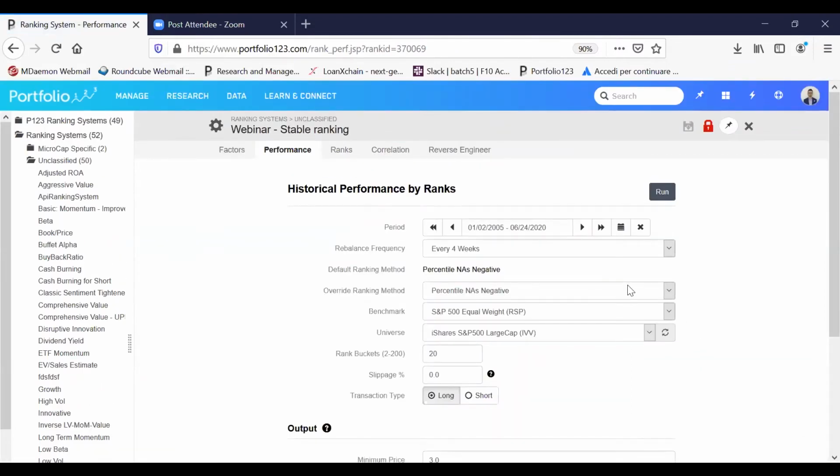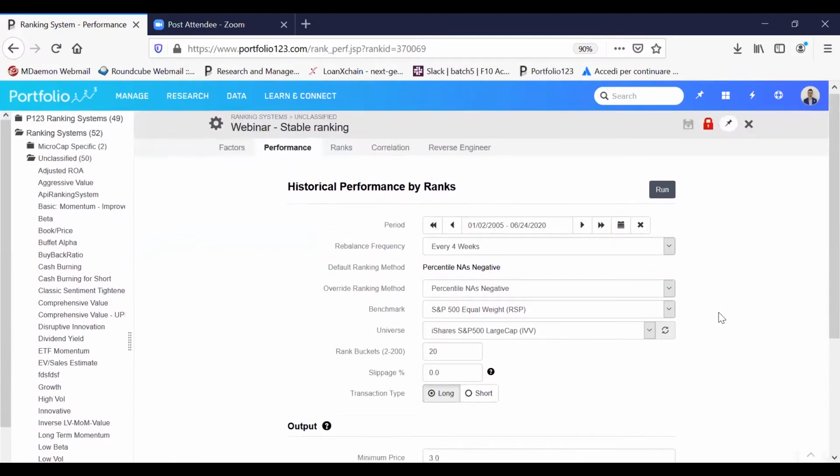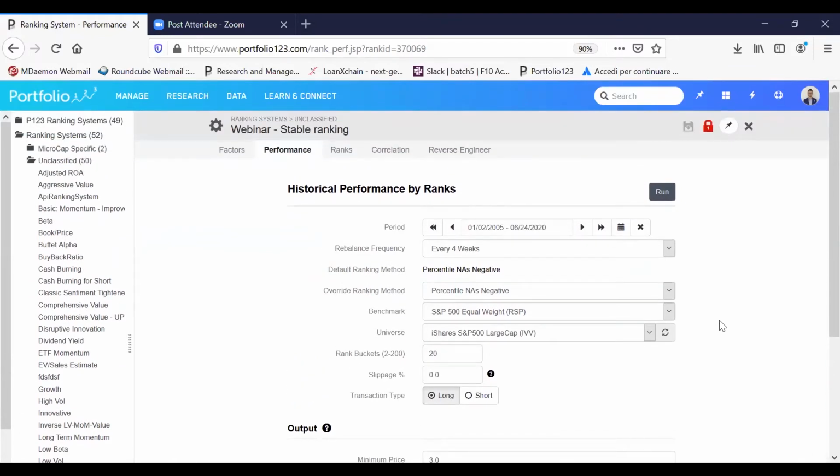So this is just an early indicator that something can be not entirely right here. And so we are going to further divide the sample period.